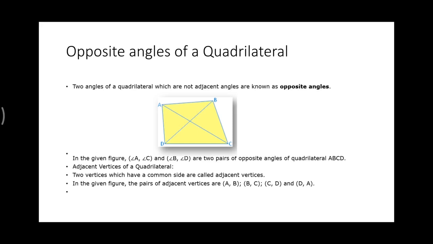These are the same as adjacent angles of a quadrilateral. So here adjacent vertices are A and B, B and C, C and D, and D and A.